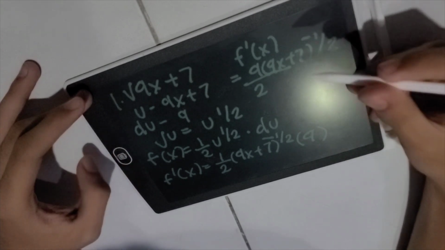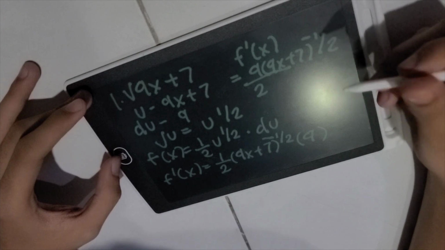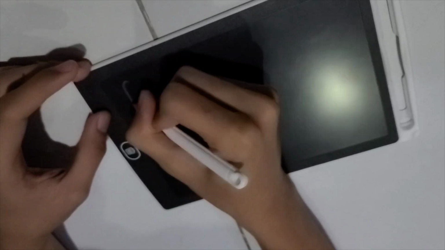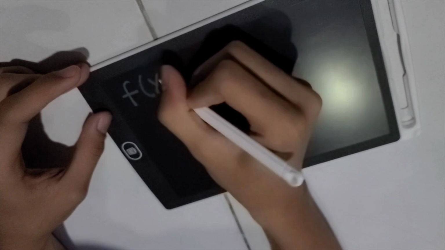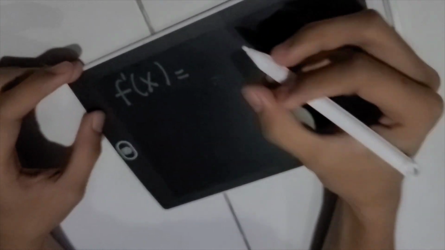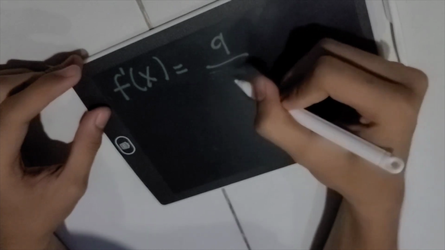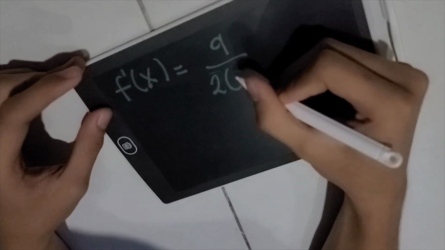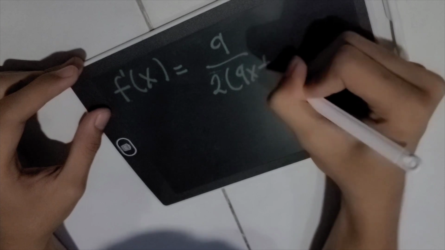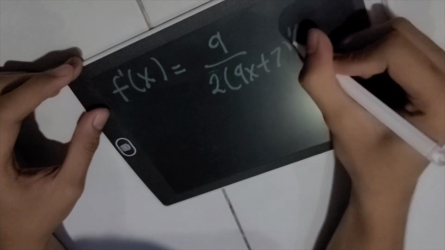So, para maging positive siya, ilipat natin sa denominator. So, ang mangyayari, f prime of x equals to 9 over 2 times 9x plus 7 raised to 1/2.